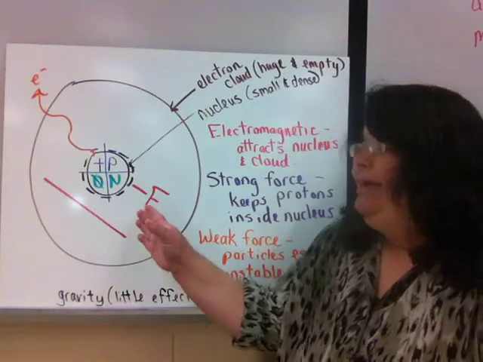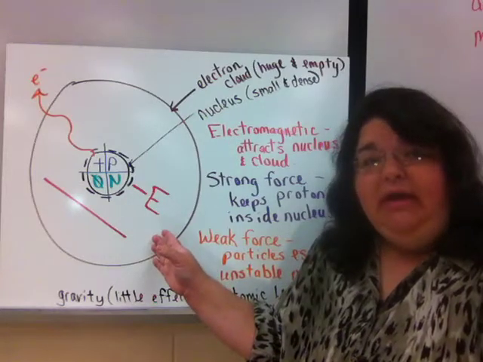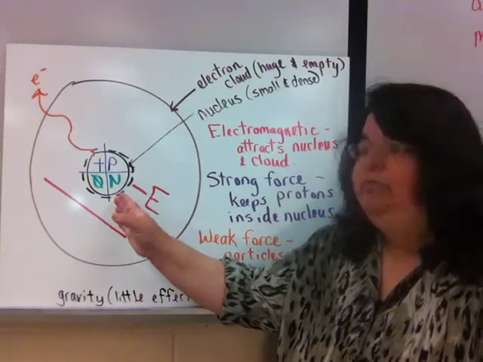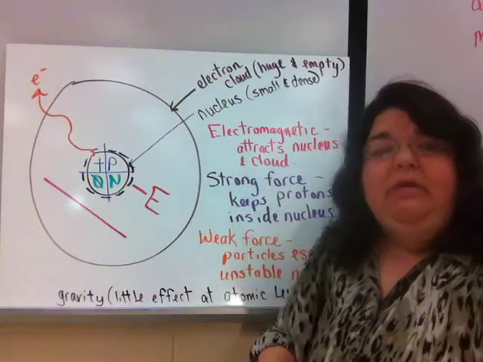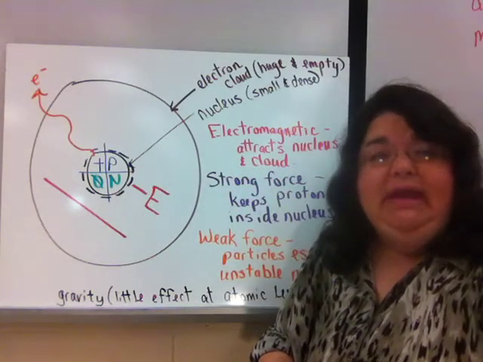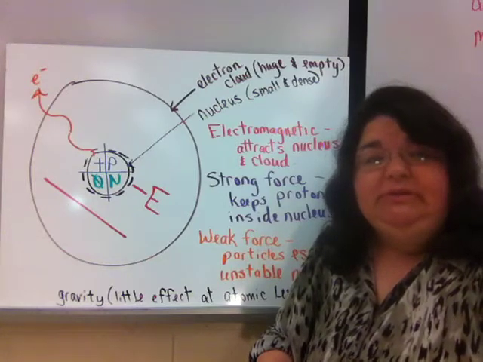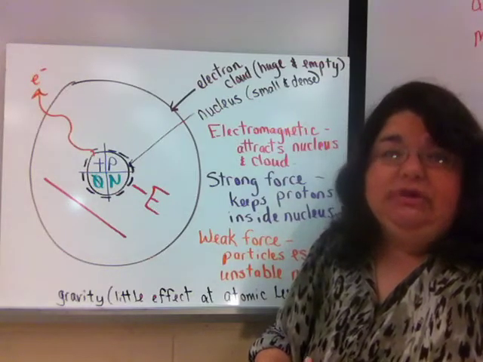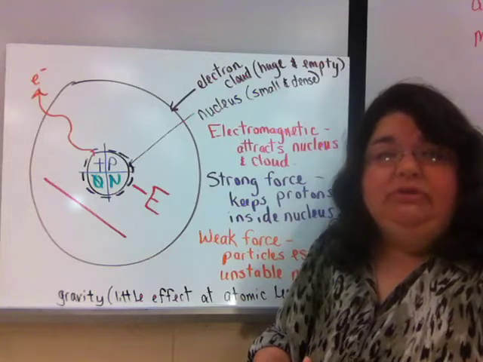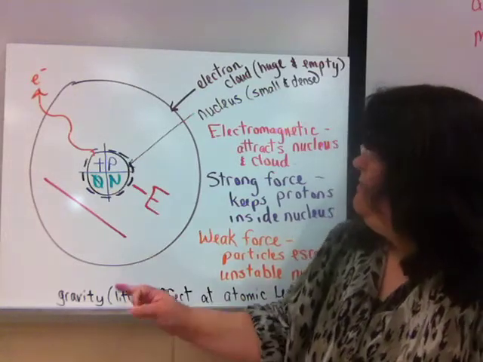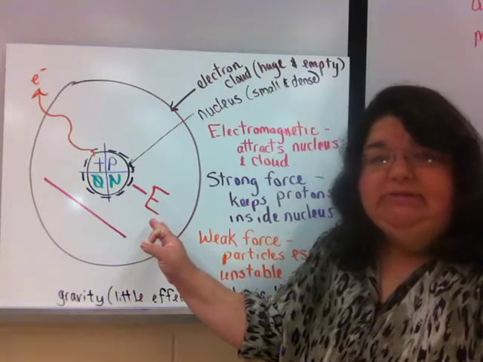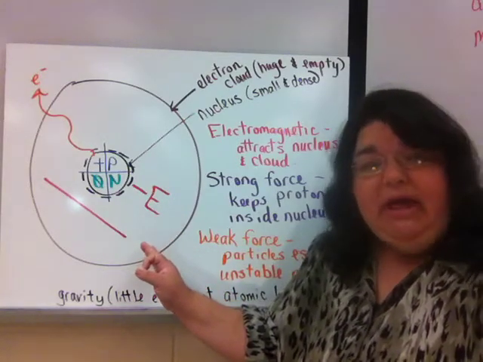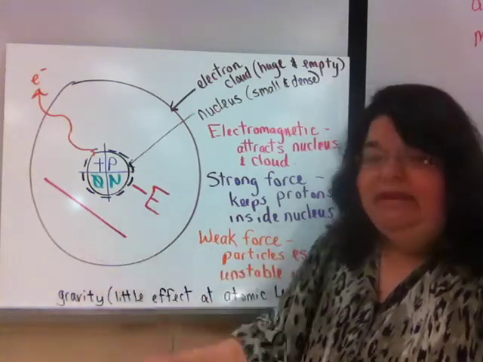Now, what keeps the electron cloud attracted to this nucleus is this electromagnetic force. Because the nucleus only has positively charged protons and neutral neutrons inside it, its overall charge is positive. And because the electron cloud only has the negatively charged electrons in it, the electron cloud has an overall negative charge.